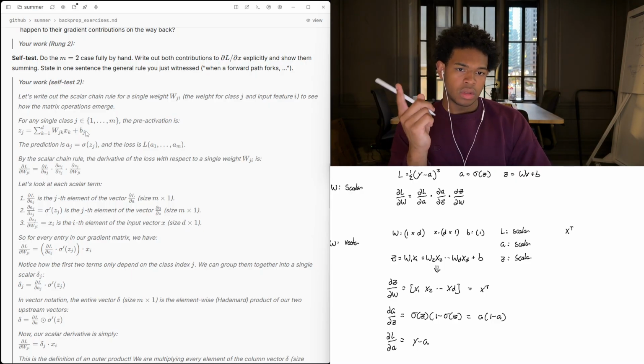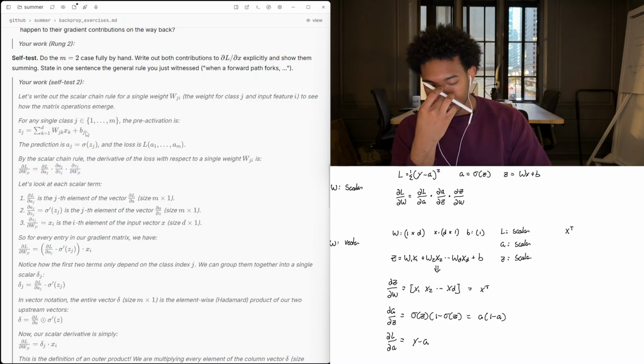So yeah, we're going to multiply. So if it was 0, the gradient, it wouldn't matter.